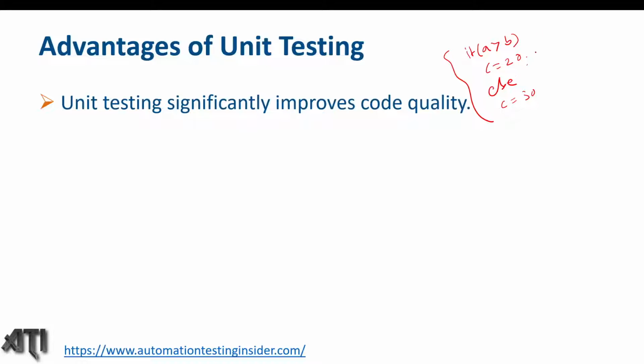Now we'll change it, we'll mutate the program. We'll change it to: if A is less than B, C is equal to 20, else C is equal to 30. So this is the change we made in the program. Here you can see we have the less than symbol.